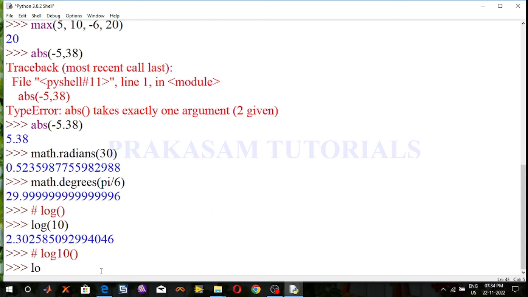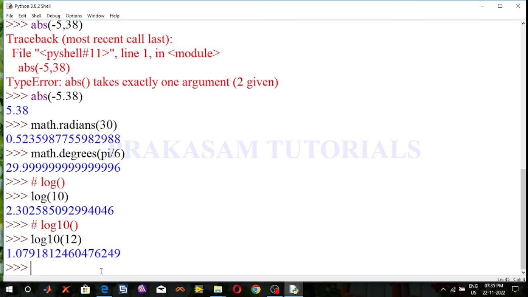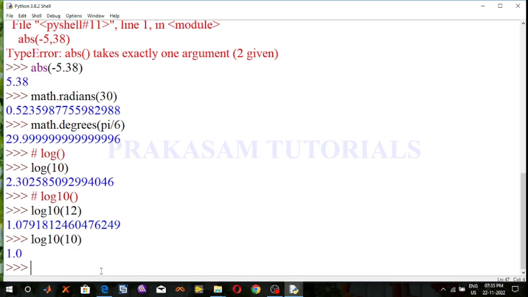For example, log10 of 12 is 1.07, and log10 of 10 is 1, so 1.0 is the floating value. Those are the logarithmic methods.